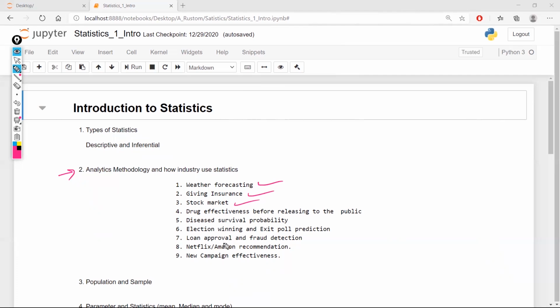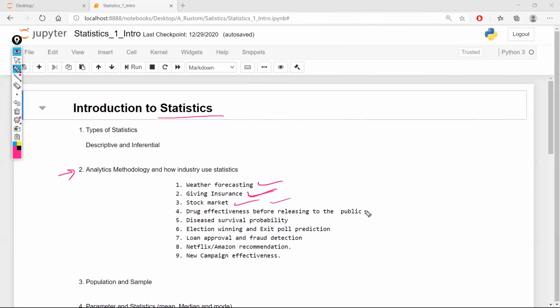In all these use cases, behind the scenes, statistics is working. Weather forecasting will have different criteria to forecast the weather. Insurance also, like they will study the past data, who has paid the premium and things like that. So these are the use cases, I would say.